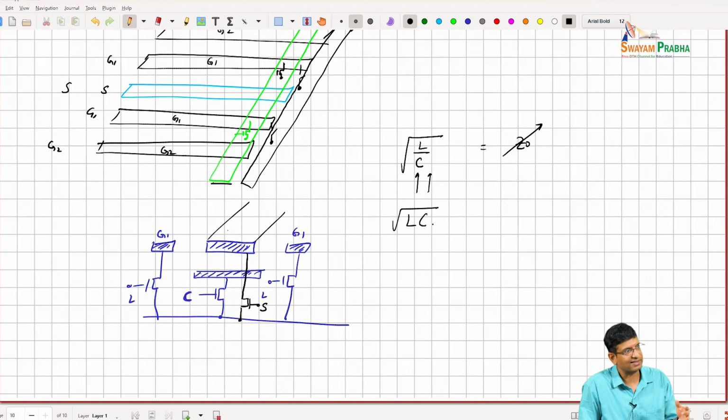But at some point, I have changed the C so much that the impedance has changed a lot. So at that point, I'd like to introduce a change in L as well to shift the inductance back.